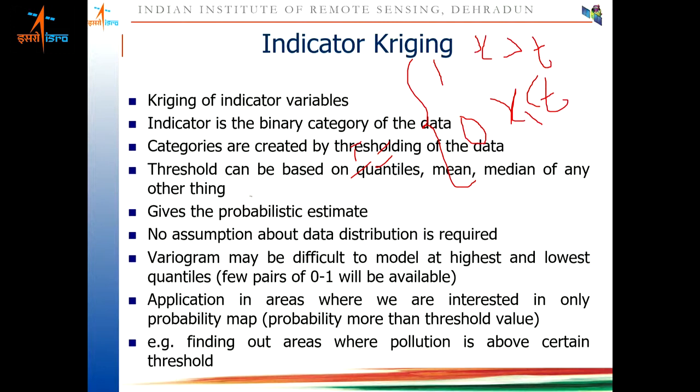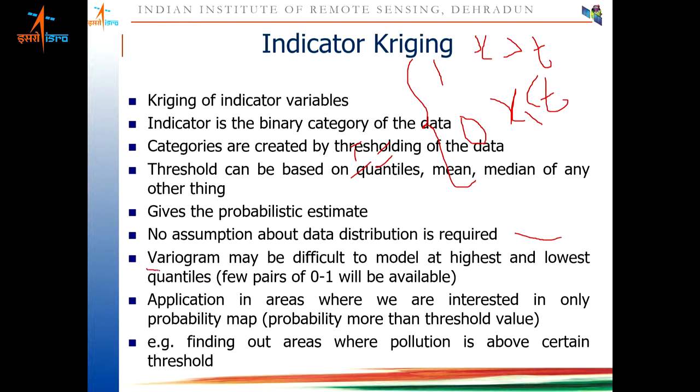Whatever interpolated values you get will basically be probability estimates of having a value of the variable more than threshold value. As I told in a few slides earlier, Kriging has some assumption that data should be following random distribution and all. That assumption is not required in case of indicator Kriging.